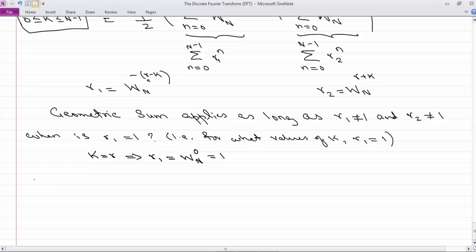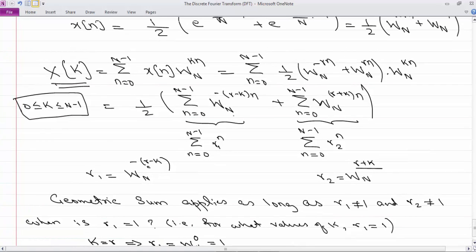We can ask the same question: when is R2 equal to 1? That is when k equals minus R. So for k equals minus R, R2 will be equal to W_N to the R minus R, which is equal to 1.